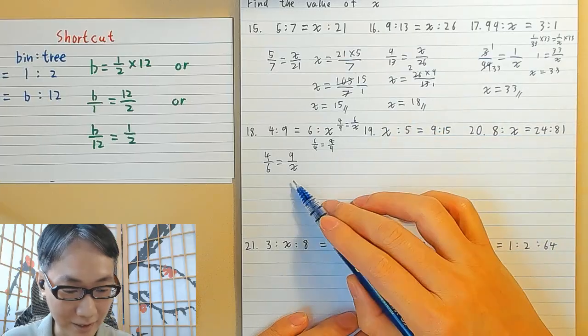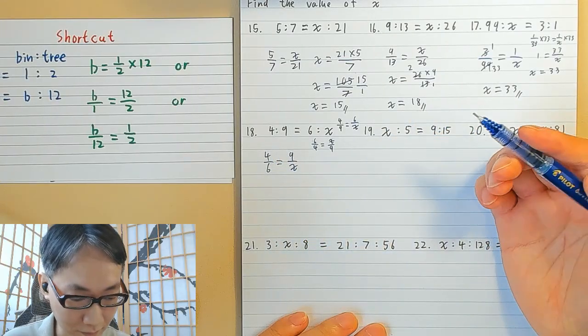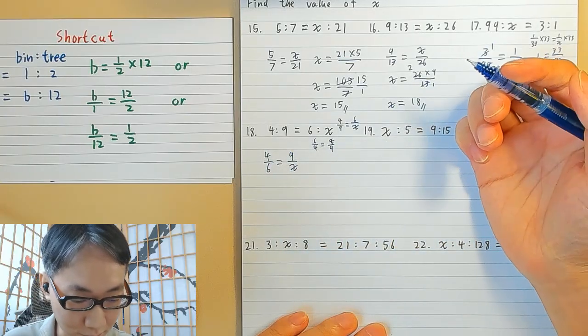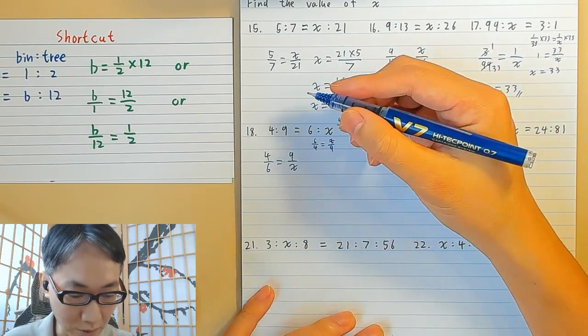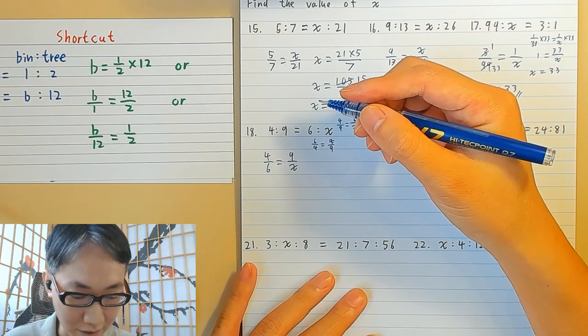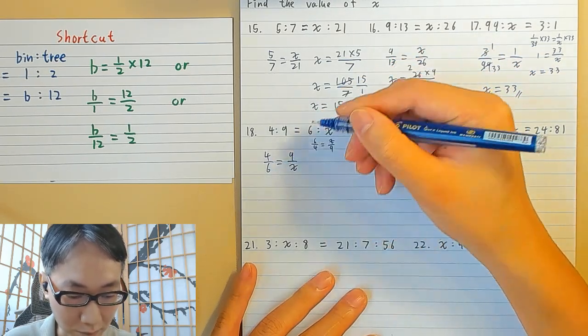Okay. So let's work on this one. Well, actually, this one is simple to work on. But never mind, let's work on this one. So I multiply both sides by 6 and by x. So I multiply both sides by 6.